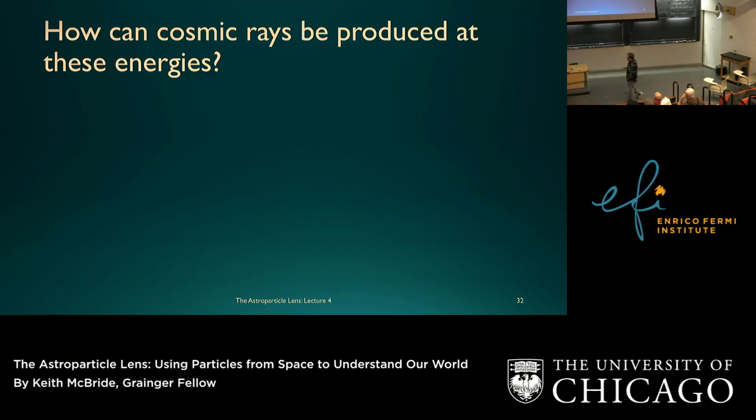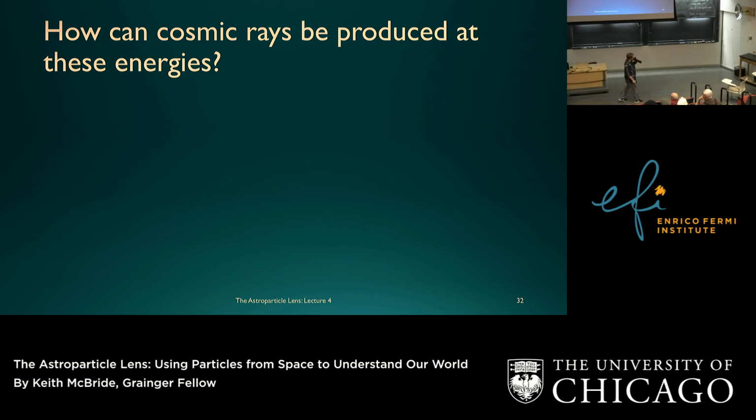So the question that you should be thinking about now, hopefully, is how do cosmic rays get produced? How is the universe capable of producing particles of such high energy? And the answer is we're not sure yet.